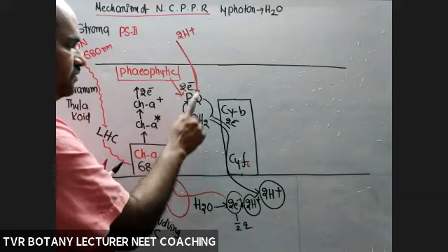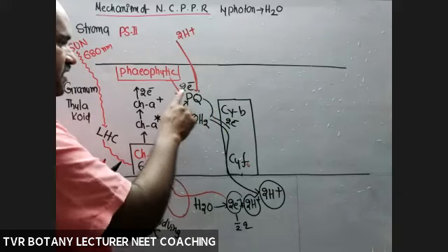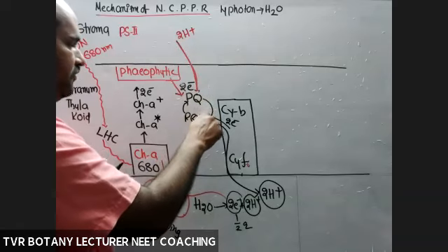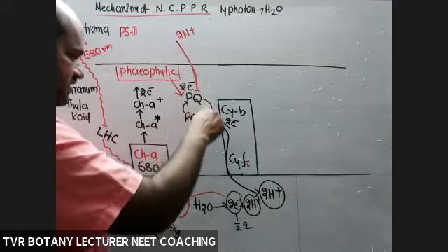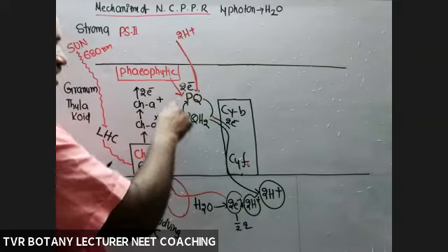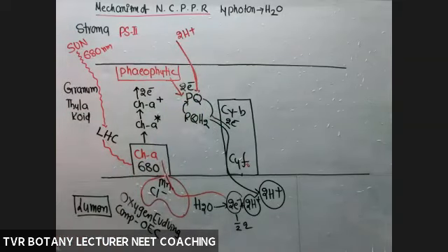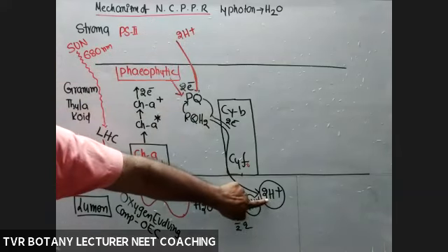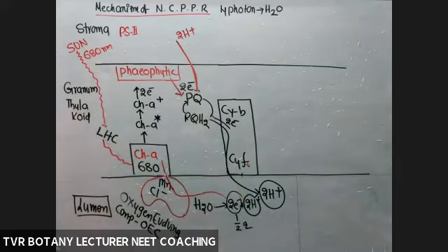One electron, one H plus, one quinone cycle. Second electron, second H plus. So here, a cyclic movement: PQ, PQH2, oxidized, reduced, oxidized, reduced, oxidized. So 2 H plus removed from the stroma and added to the lumen.